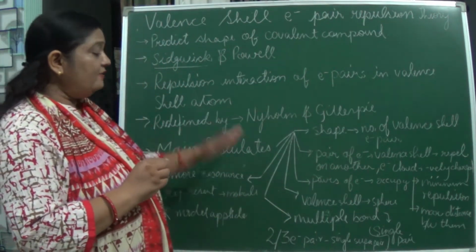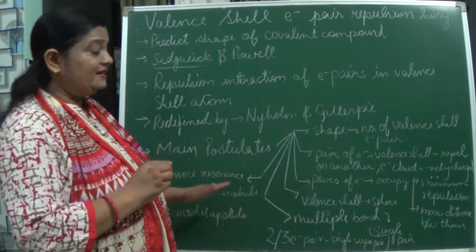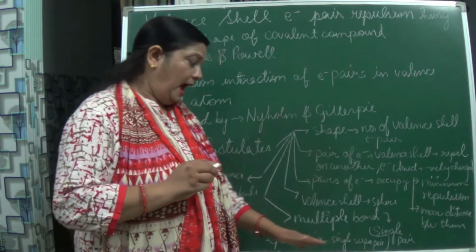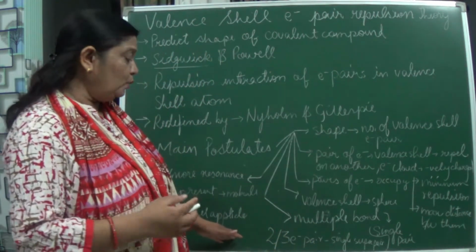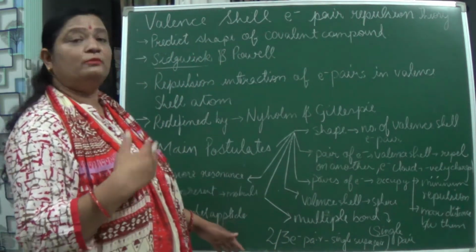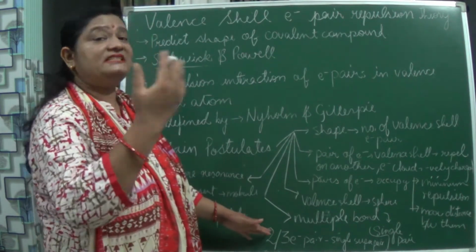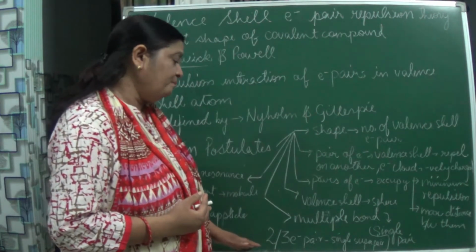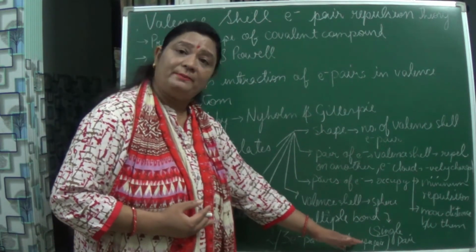Now if there is a multiple bond, it is considered to be a single pair only. And if two or three bonds are present, they said that these are single super pairs.